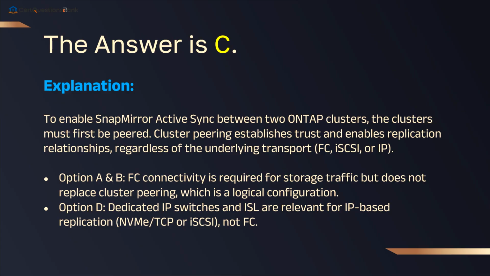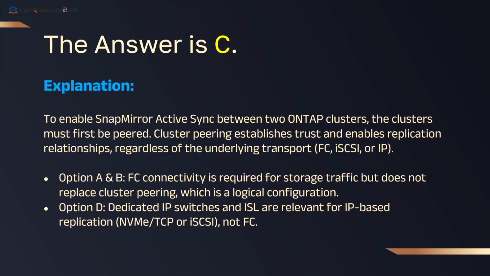The answer is C. To enable SnapMirror active sync between two ONTAP clusters, the clusters must first be peered. Cluster peering establishes trust and enables replication relationships, regardless of the underlying transport, FC, iSCSI, or IP.